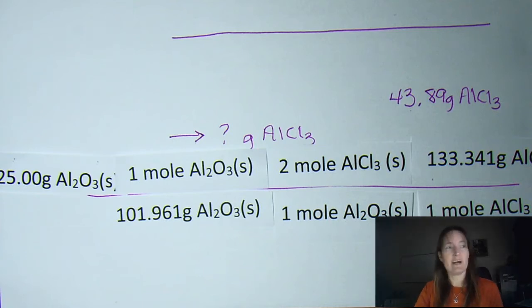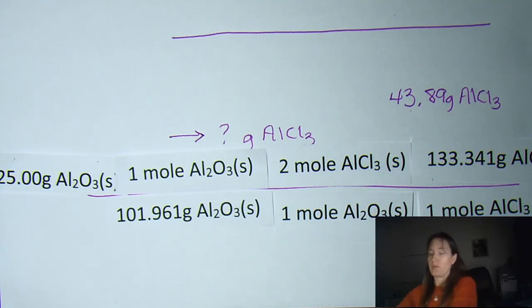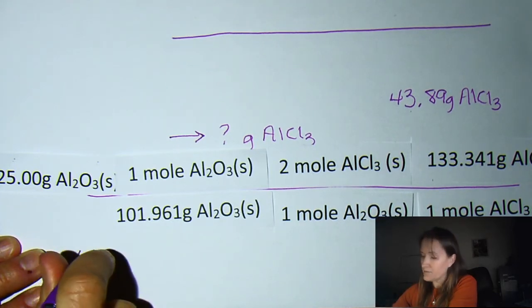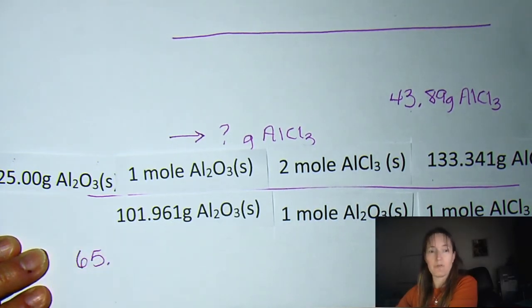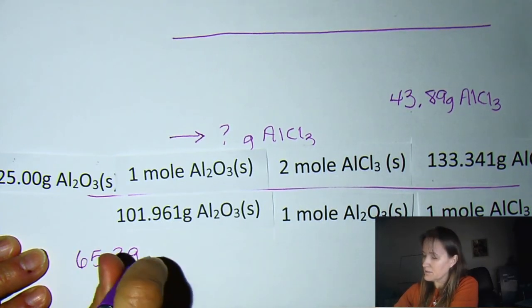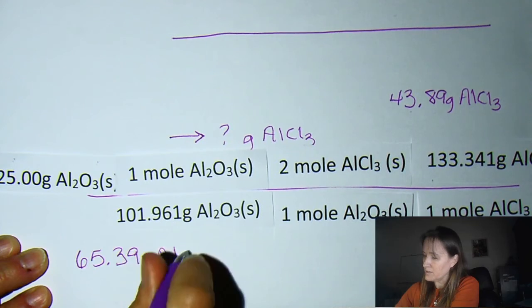So it will be 25.00 times 2 times 133.341 divided by 101.961 and then divided by 1. When you complete this calculation, you get 65.39 grams of aluminum chloride.